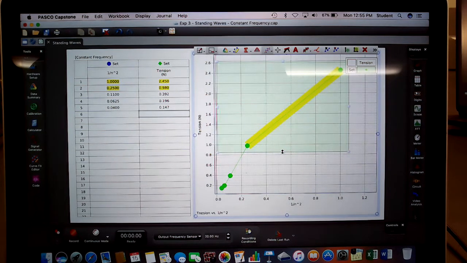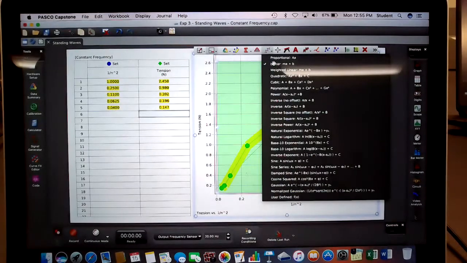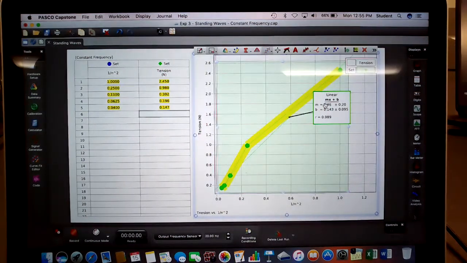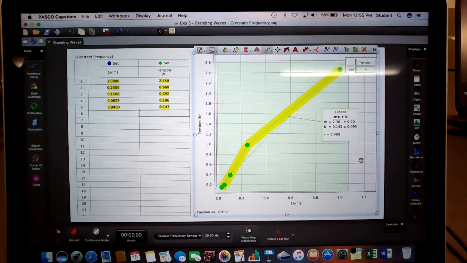So hopefully, whatever we have off here, I'm going to now take a linear fit to this. Okay. And there's my slope, 2.36. And there's some variation to that.